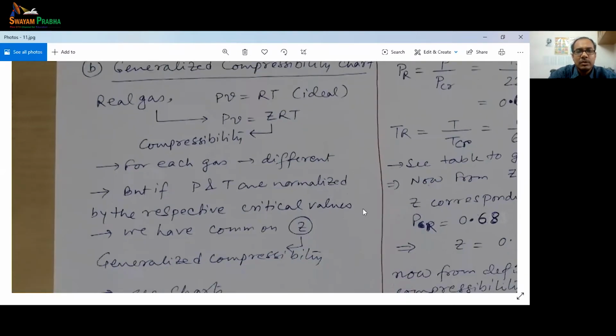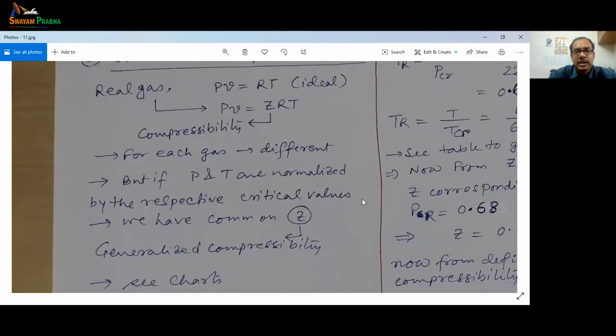But the beauty of this compressibility is that it can be generalized if we normalize all these pressures and temperatures by the critical value of that particular material. If pressure and temperature are normalized by the respective critical values, then we have a common Z. That is called the generalized compressibility.